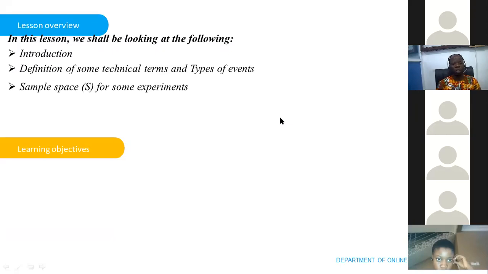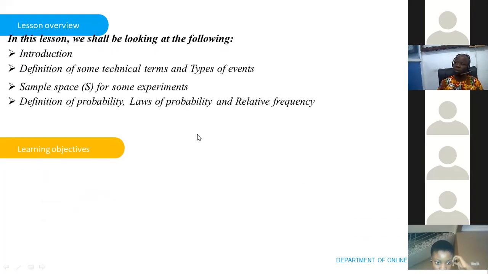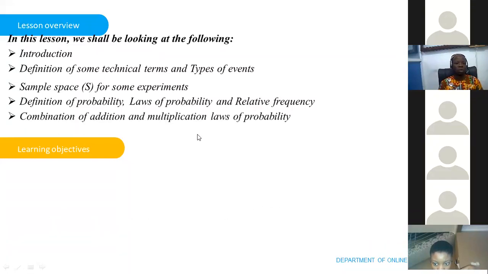We shall also be looking at the sample space for some experiment, definition of probability, the laws of probability, and relative frequency. We shall also consider combination, that's combining both addition and multiplication laws of probability.